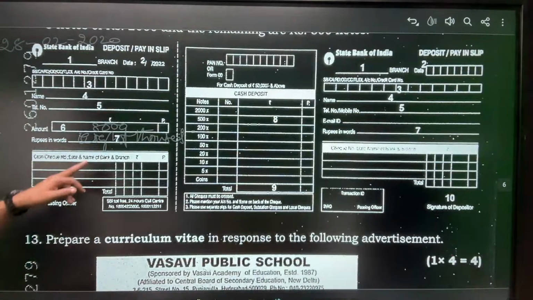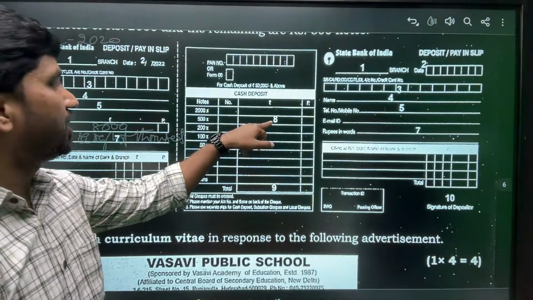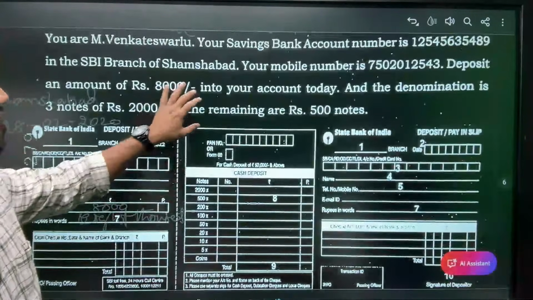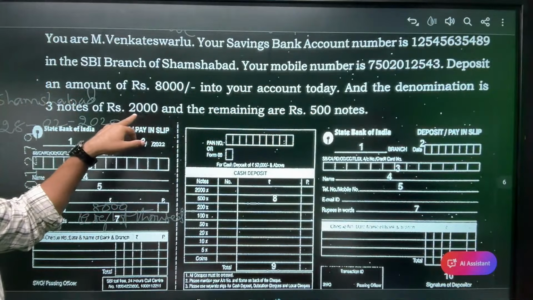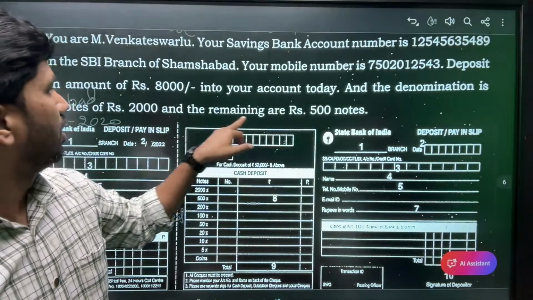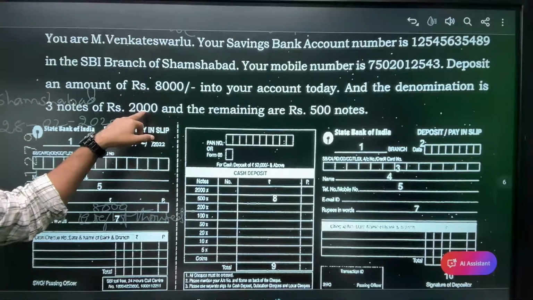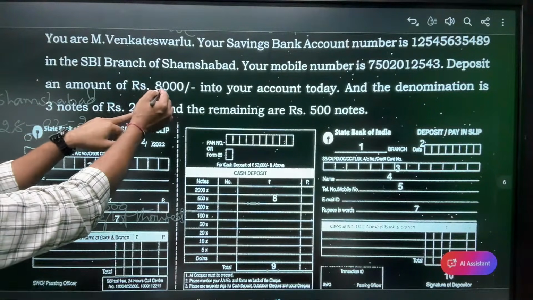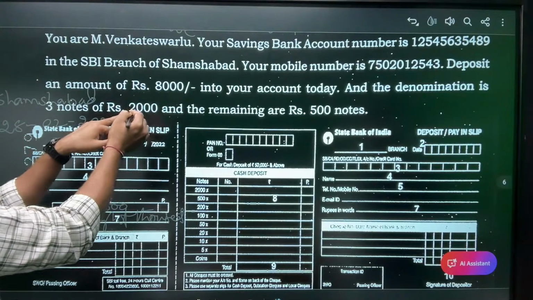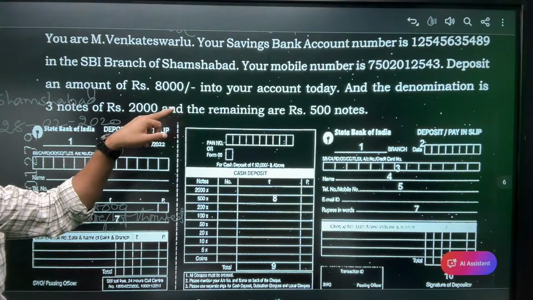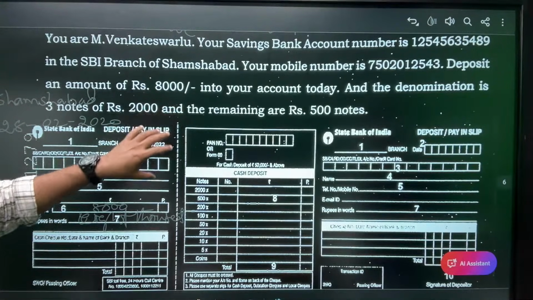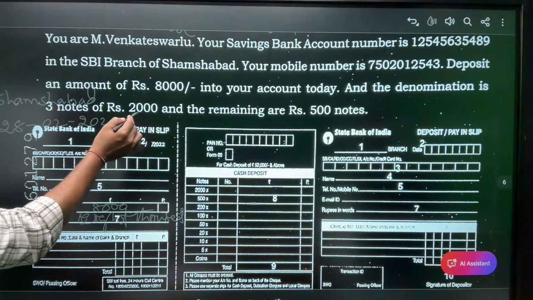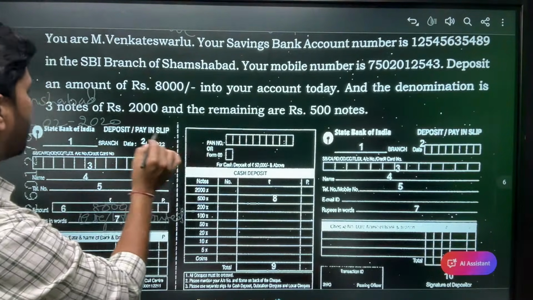The seventh one is completed, and the eighth one asks how many notes there are. The 500 notes are the remaining ones. How many 2,000 notes are there? 3, so that it will become 6,000. And the remaining 500 notes are 4.